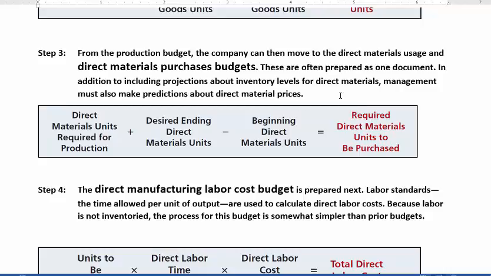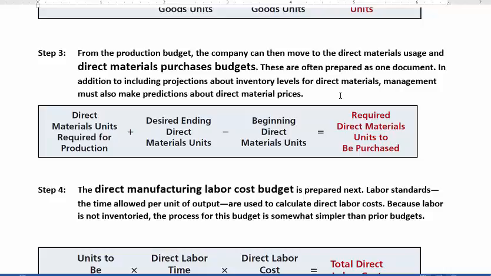In addition to including projections about inventory levels for direct materials, management must also make predictions about direct material prices. Okay, so we're going to involve the procurement department or purchasing. They are going to help us to develop some of this information.